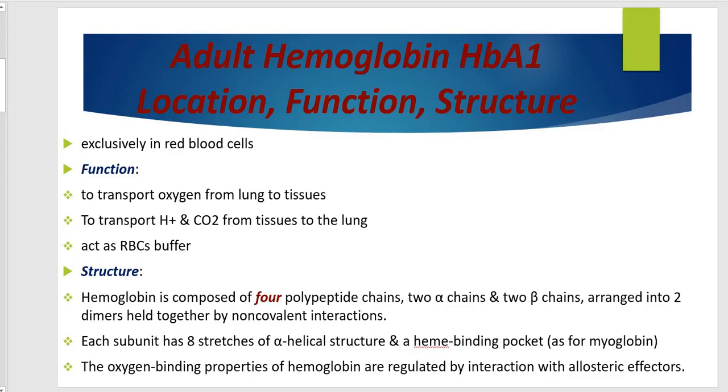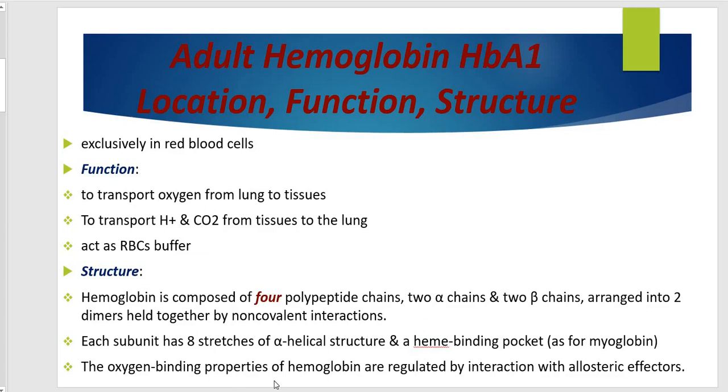And adult hemoglobin A1 is composed of 2 alpha chains and 2 beta chains, which are arranged into 2 dimers held together by non-covalent bonds. And the oxygen binding properties of hemoglobin are regulated by interactions with allosteric effectors.